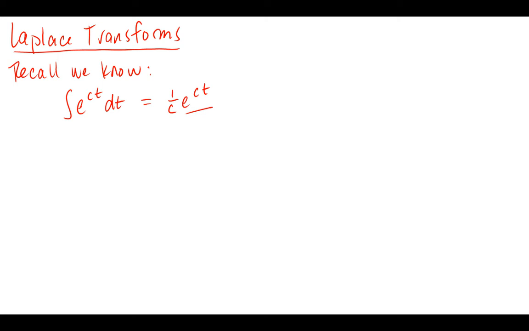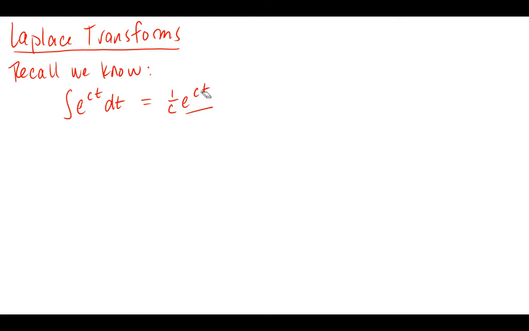But e has other wonderful properties. Integrating e gives you kind of the same thing. You still get e to the ct, but you get this contribution, which is simply related to the coefficient of the exponent if it just has the t there.